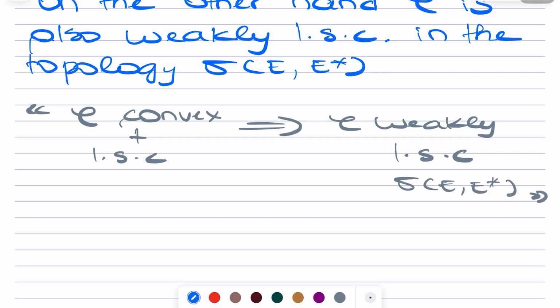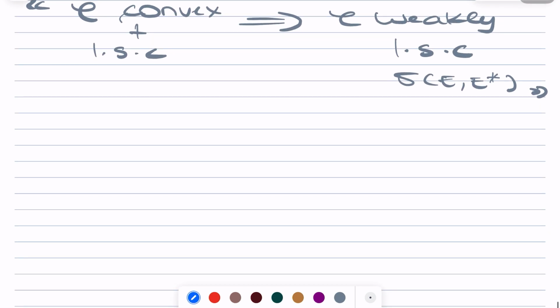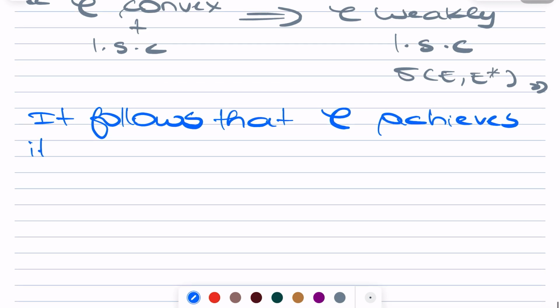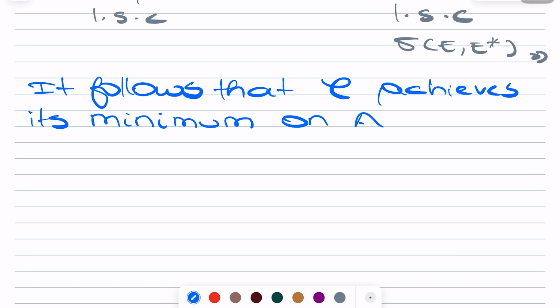So it follows that phi attains its minimum on A tilde.